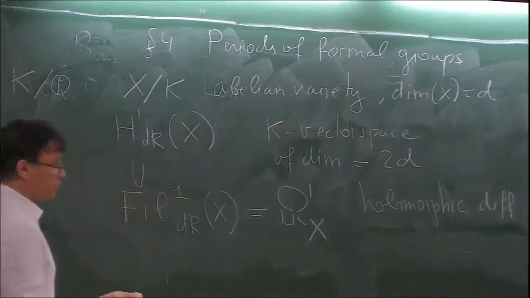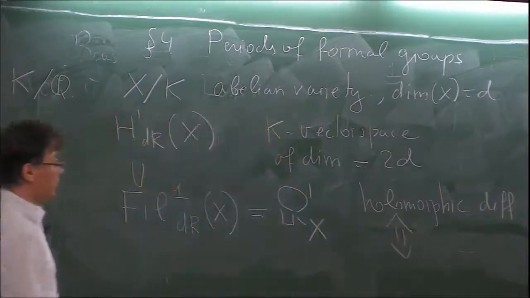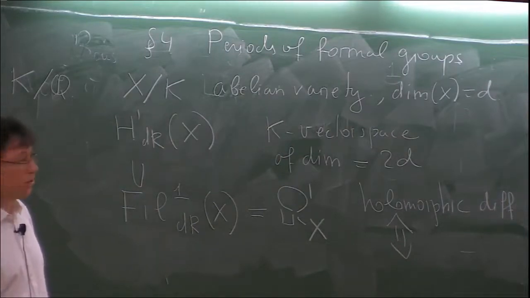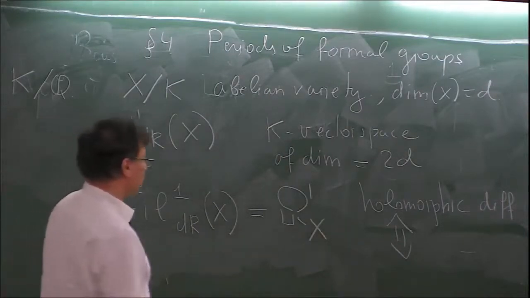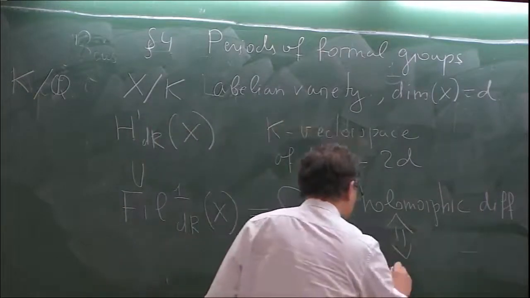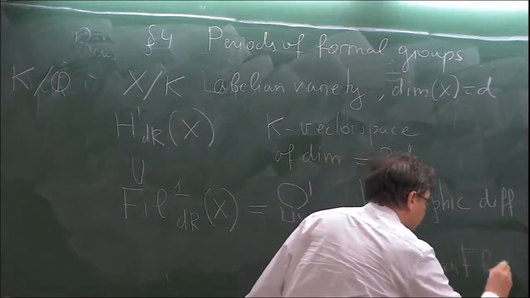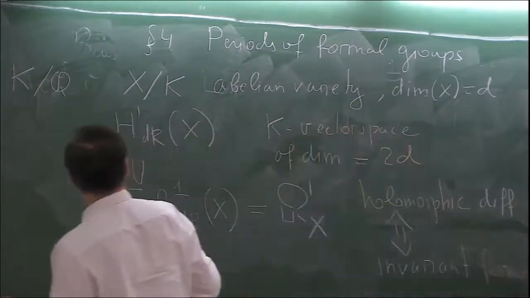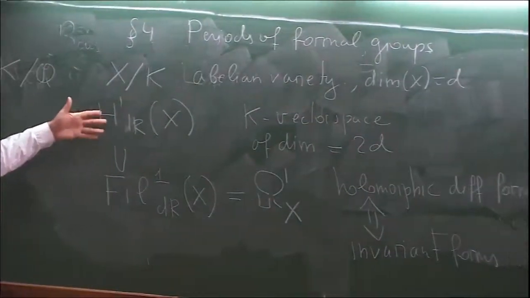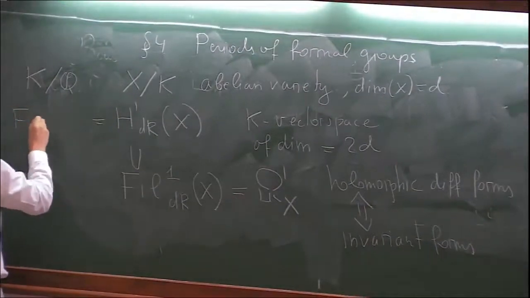So that they are invariant forms. So we have a two-step canonical filtration on H^1 de Rham. So this is Fil^0.